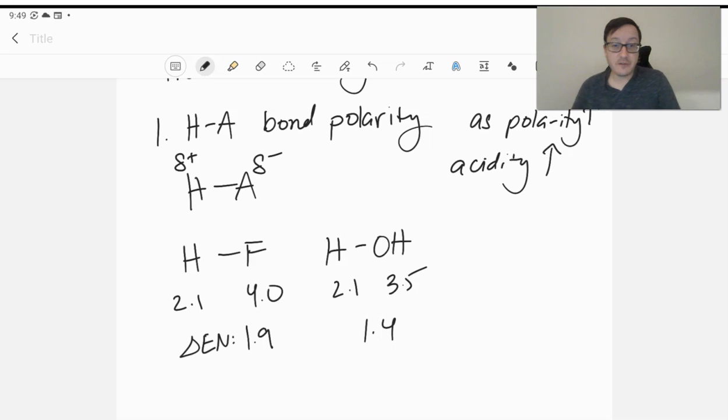We also know HF is hydrofluoric acid, and H2O is, of course, hydroxic acid, or we could just say water, but I can be funny. We know that HF is a stronger acid than water is. We see that because of the difference in polarity here. The HF bond is much more polar than the H-O bond, and as a result, the HF bond will be more acidic. So the trend is as the polarity increases, your acidity also increases.